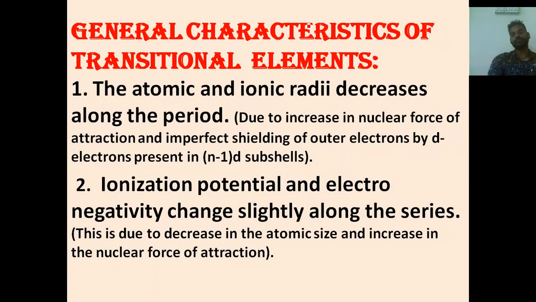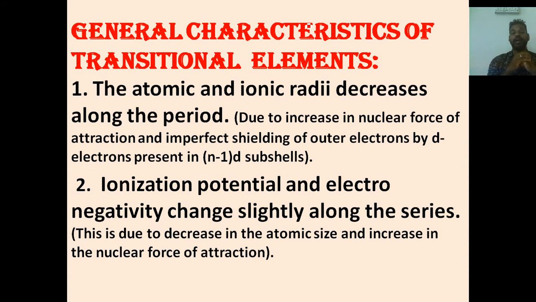And why the size decreases is because of the successive addition of electron takes place for the d orbital, that means only one d orbital, (n-1)d. For example, in scandium to zinc, the successive addition takes place for the 3d orbital, so their shielding effect is very poor, okay? So gradual decrease in size takes place.